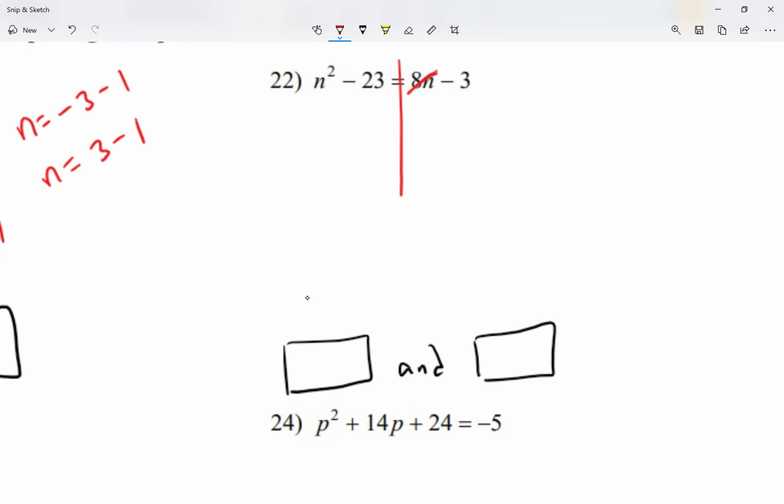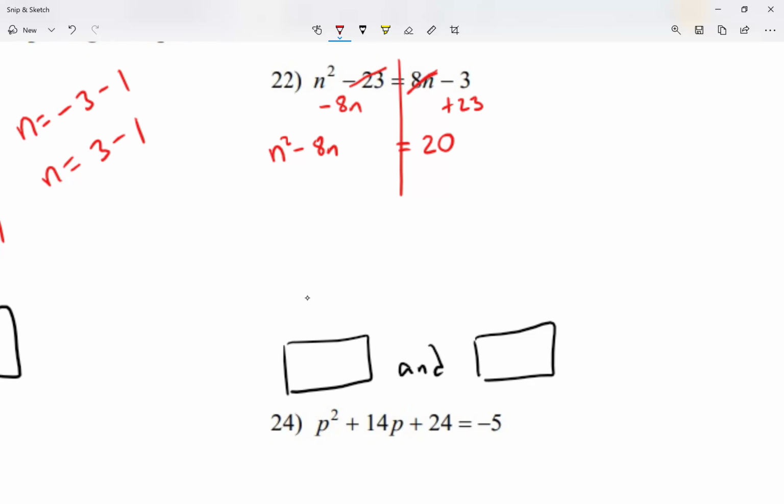Let me move it to the left side as a minus 8n. This negative 23 on the left side, let me move it to the right side as positive 23. Don't forget to switch signs. So on the left side, I have n squared minus 8n, and let me leave a space, equals 20. Right, negative 3 and a positive 23 give me positive 20.